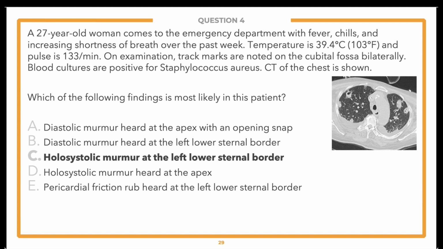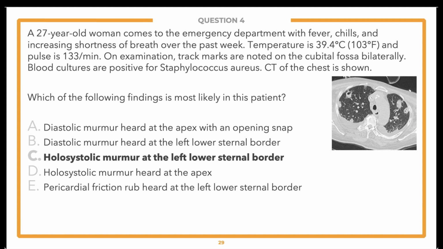A diastolic murmur heard at the left lower sternal border would indicate tricuspid stenosis, which is very uncommon clinically, not a typical presentation of endocarditis. And what was the other one? A diastolic murmur heard at the apex with an opening snap. Again, that would indicate mitral stenosis.